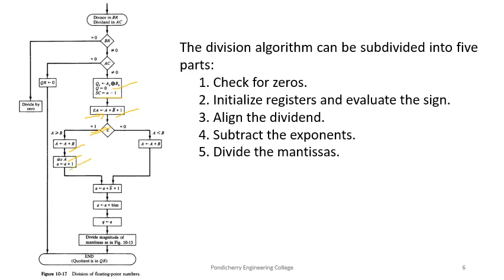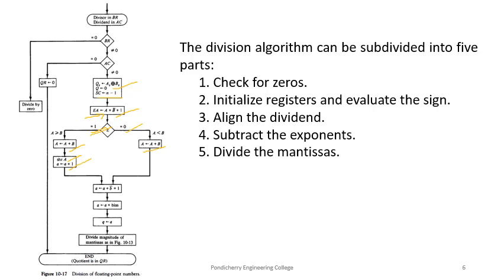This is dividend alignment. In case A is less than B, there is no overflow possibility, so we need not do any alignment, but again the value of A is restored by adding B. Then we have to do the division step.